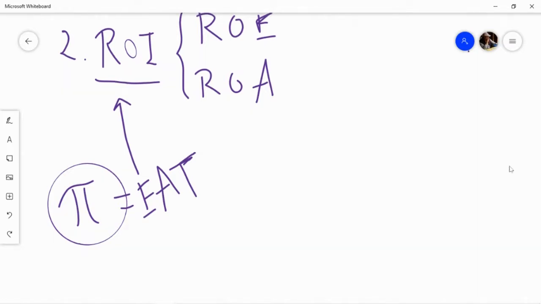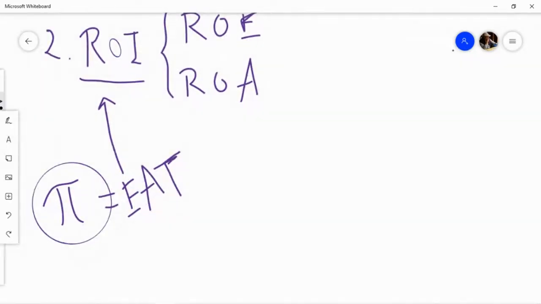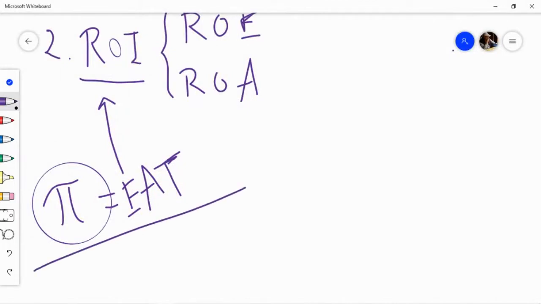Now there are two types of, so this is output, right? And the input can be, of course, total assets is the input.